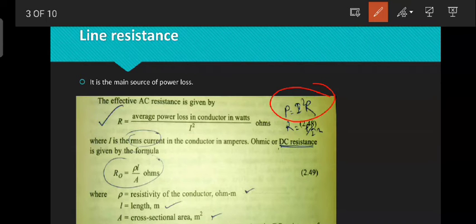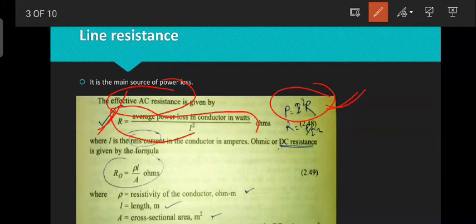So the effective AC resistance, which is here R, is equal to average power loss in conductor in watt divided by I square. How is it formed? By this formula only. P is equal to current passing through that conductor square into resistance of that conductor.